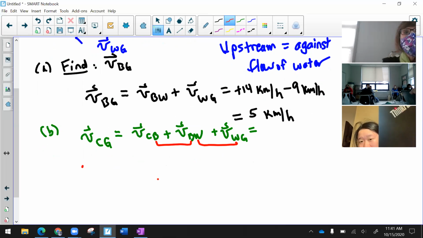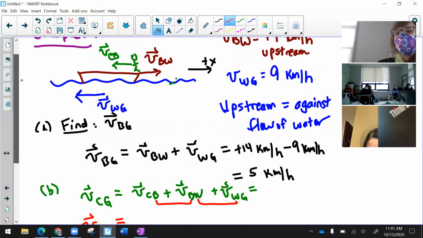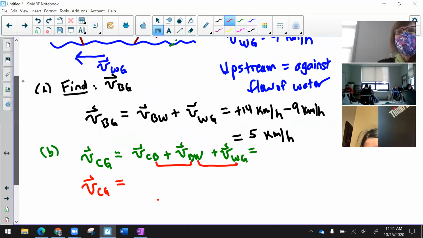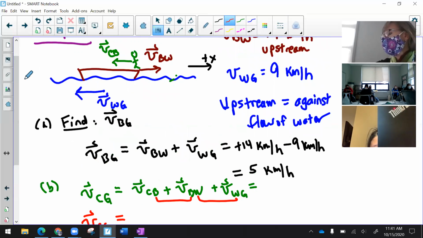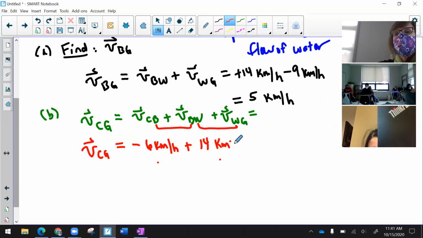Okay, so my velocity of the child with respect to the ground is going to be equal to, what is the velocity of the child with respect to the boat? Is it positive or negative? Negative. And how fast is that kid walking? I know that the velocity of the boat with respect to the water is positive 14 kilometers per hour.